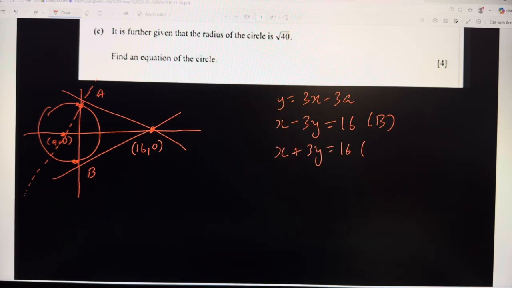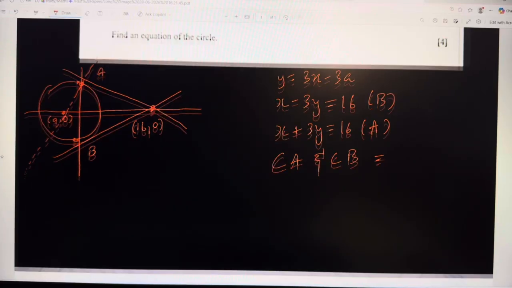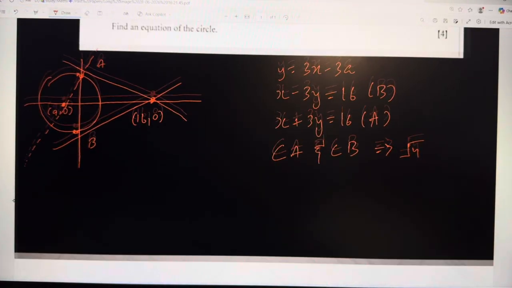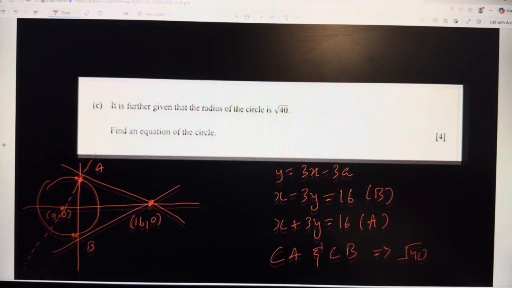This is the information that we have till now, and we also got the information that C to A and C to B is equal to root 40. Okay, we have understood that part, right? So we can solve this here because space has ended.